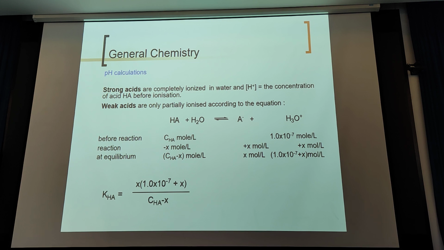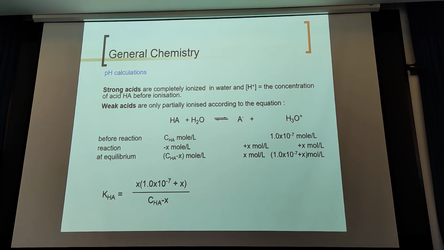In exercises, very often we do pH calculations. They're based on the equilibrium constants that we find in the literature. In fact, it actually depends on the strength of your acid. If you have a very strong acid, like HCl, we have a complete conversion and formation of H3O+.